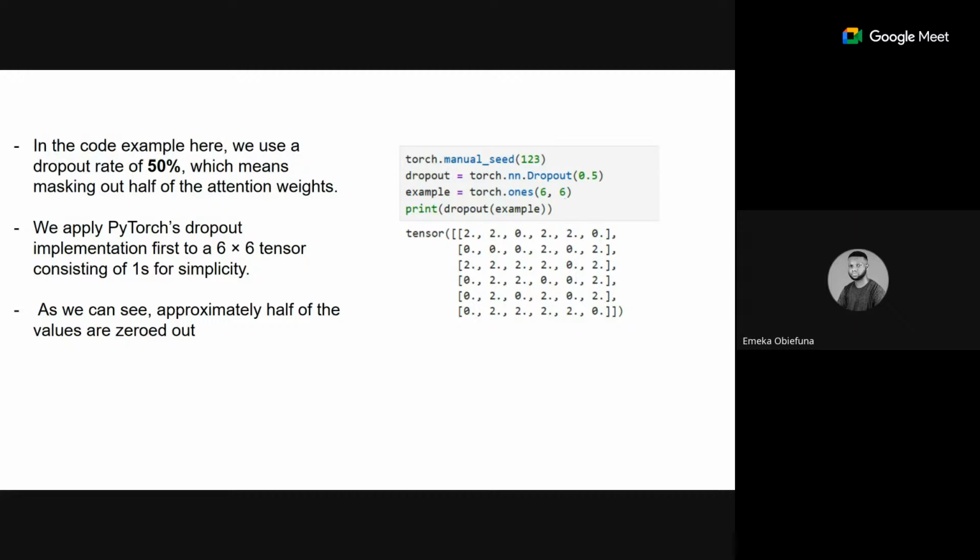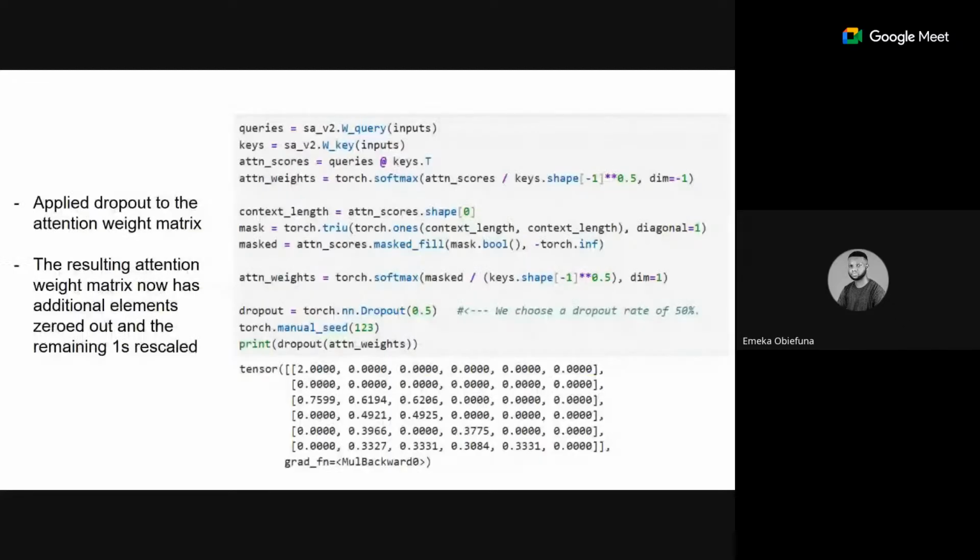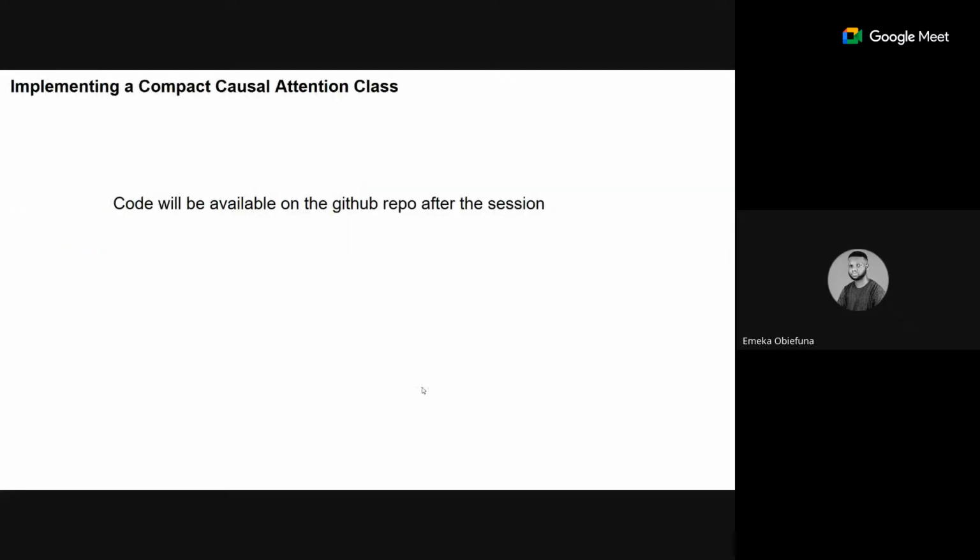I just have 2 minutes to round up. So when you apply dropout after you've added your masking, with a dropout of 50%, you are going to have something like this. The code for this is also here.